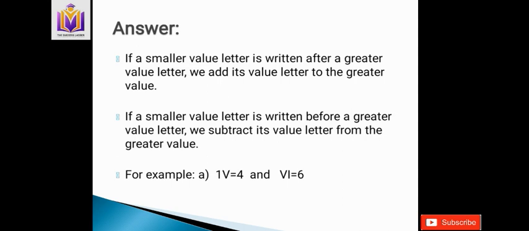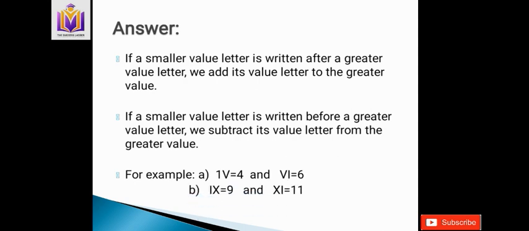Here is IV. Here the smaller one is written before, so we subtract it and it will become 4. And in VI, the smaller letter is written after the bigger letter, so we will add it. So 5 plus 1 becomes 6 and 5 minus 1 will become 4.